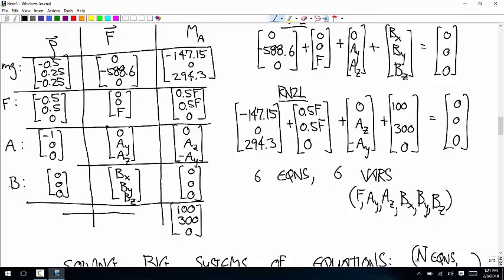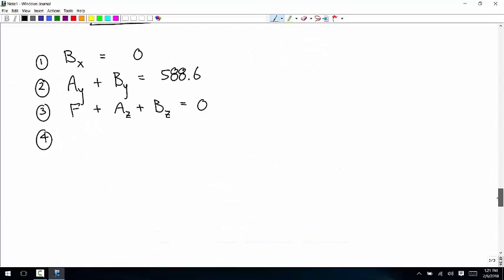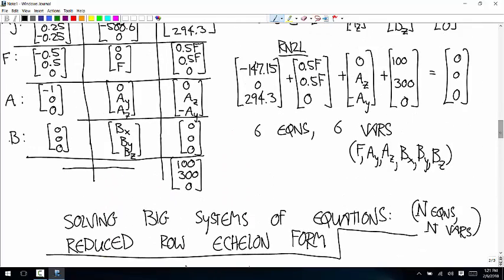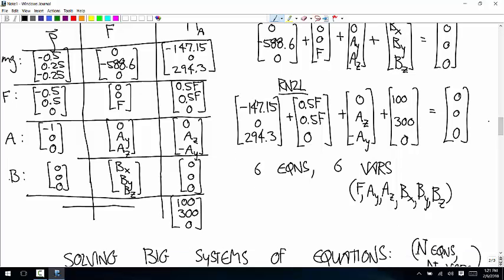It says 0.5 F is equal to positive 47.15. And, you know, you could just solve for F and then reduce the number of variables, but I'm going to do it like this. The fifth equation says 0.5 F plus AZ is equal to negative 300.